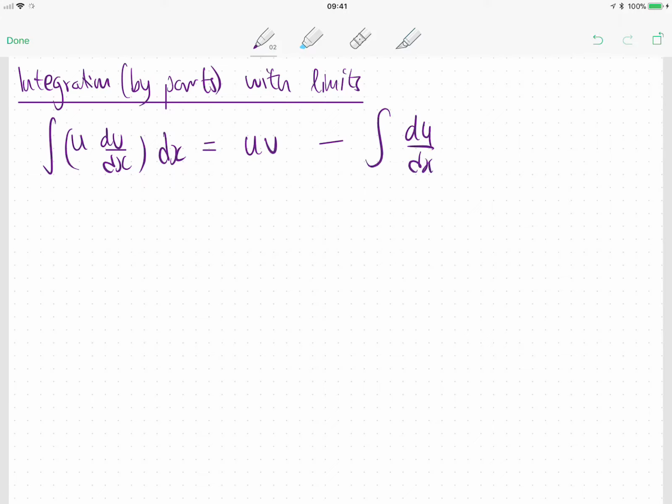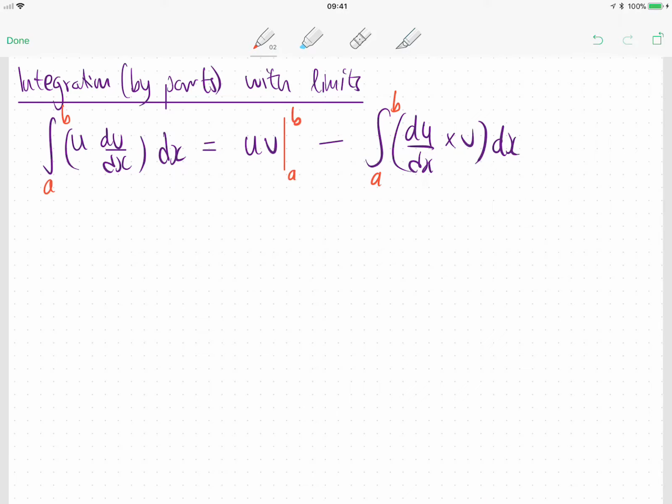So here's the formula without the limits. So what if I add on integrate between a and b? So what do I need to change, or add I should say, to the right hand side? Well, a and b appear on that integral. What about this uv?